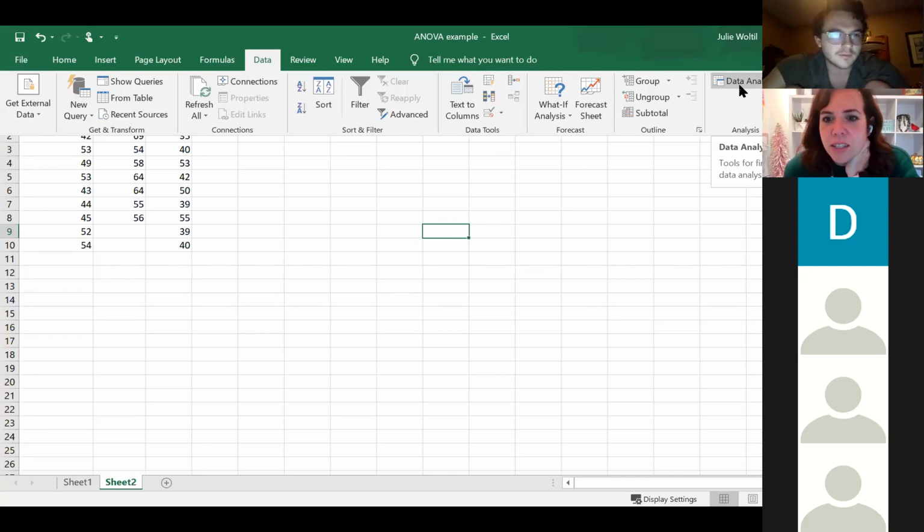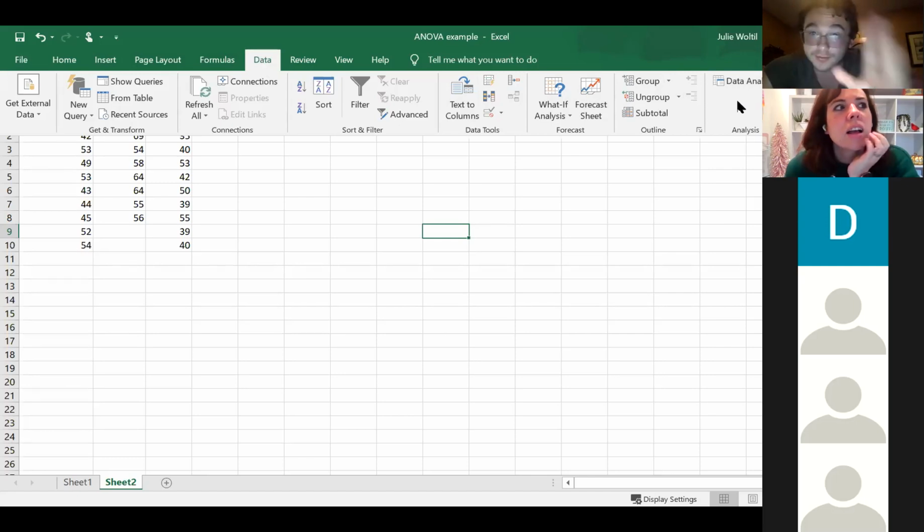Kyle, you still look confused. Does it not work for you? Trying to find it. Okay, so under Data, totally to the far right, it should be Analysis Tools. Should be a big gear. Okay, I have Flash Fill, the Data Tools, then Outline, the Group and Ungroup, and then blank.